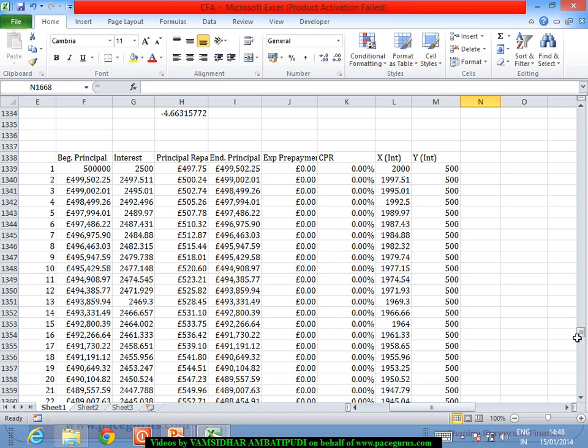Probably by the 324th or 325th month itself, all the investor X payments have been received, including the interest as well as the principal. Whereas the tranche Y investor will start receiving his first principal payment only in the 325th month, and he will have to go until the 360th month.